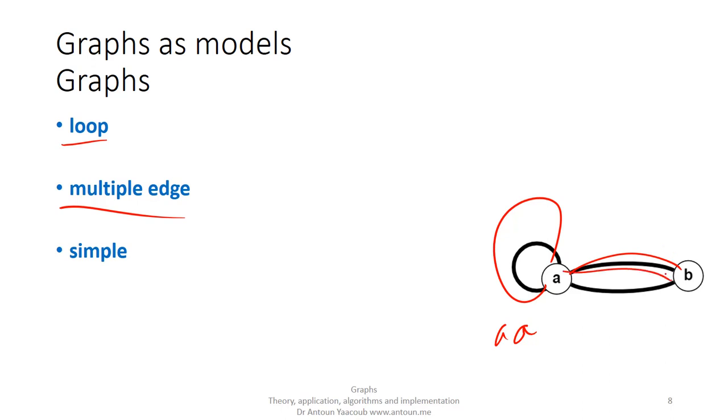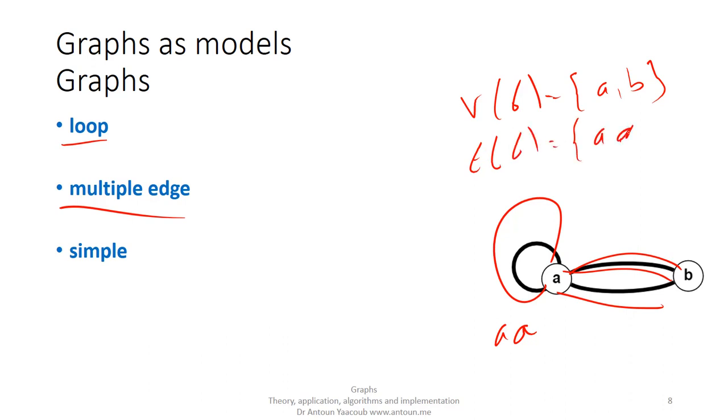So the set of vertices of this graph is A, B, and the set of edges is AA, AB, and I can repeat AB two times. As you can see, I have a loop because I have an edge that connects the same vertex, and I have a repetition: multiple edges between A and B. Those graphs we call multigraphs.